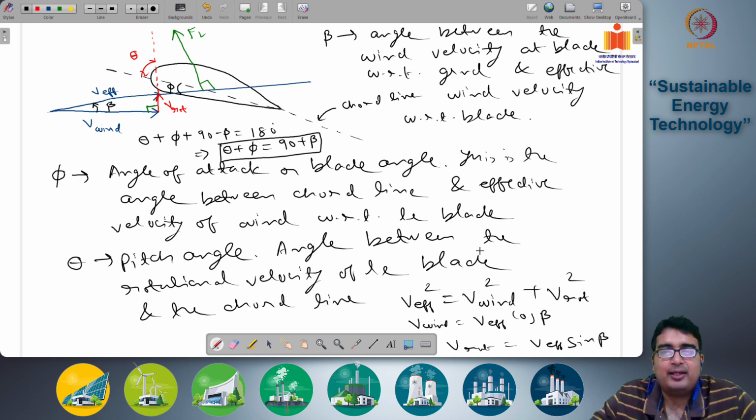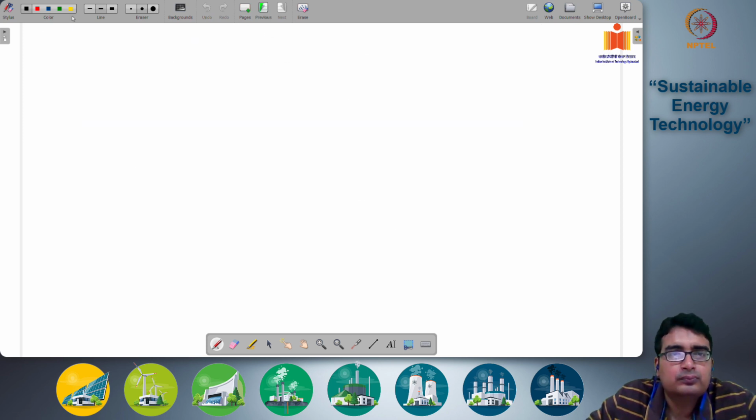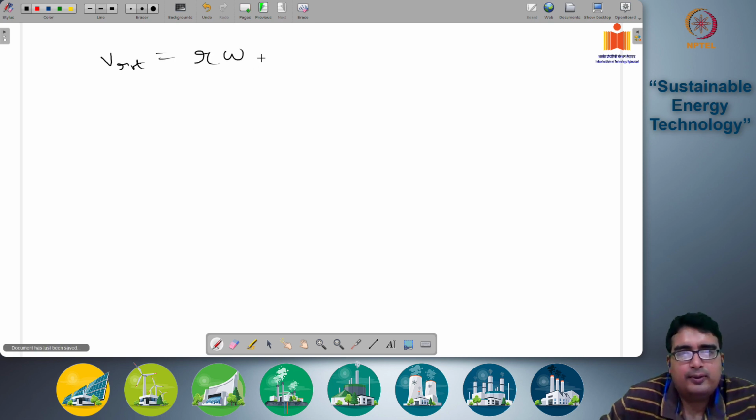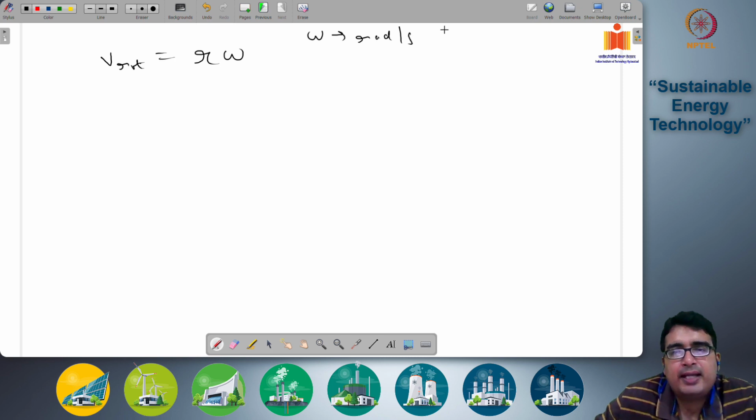All right, another important point is V_rotation equals R times omega, where omega, in radians per second, is the angular velocity of your turbine.